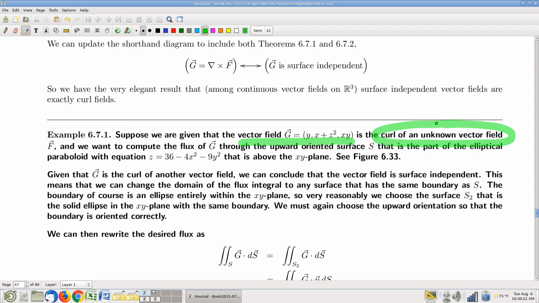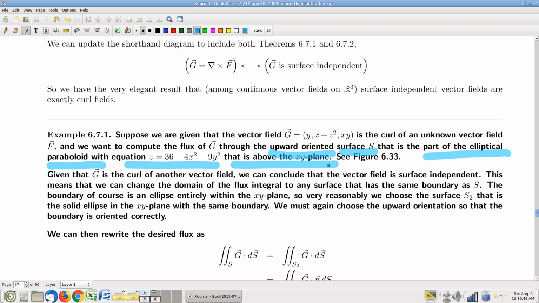And what we're going to conclude from this, of course, is because it is a curl, it is surface independent. Okay, so we've got a vector field, and now let's see here. We have a domain. We have an upward-oriented surface S. That's the part of this elliptical paraboloid with that equation, and specifically the part that's above the xy plane.